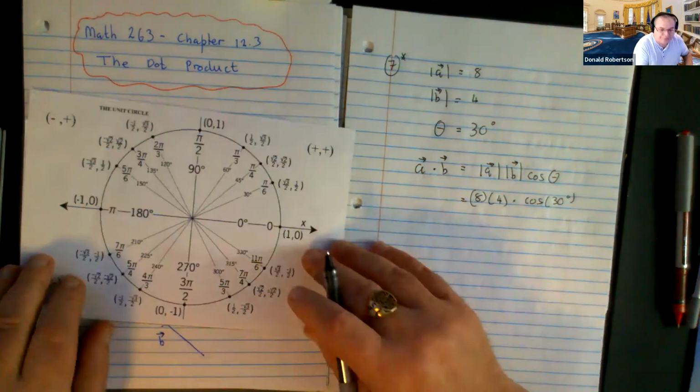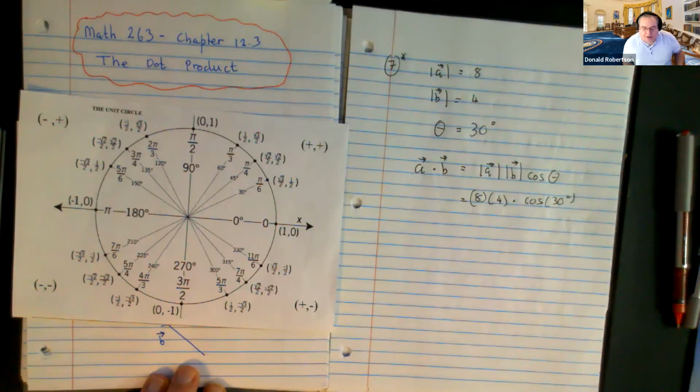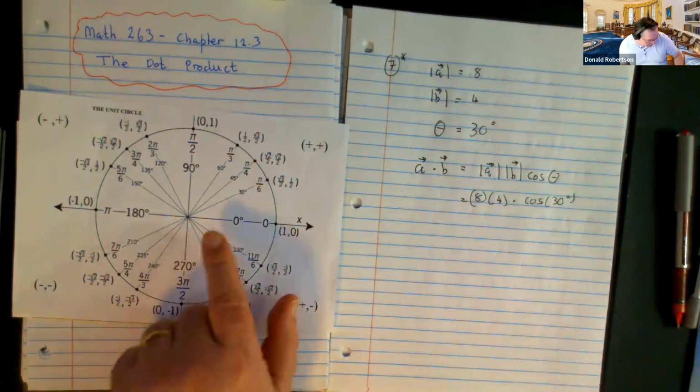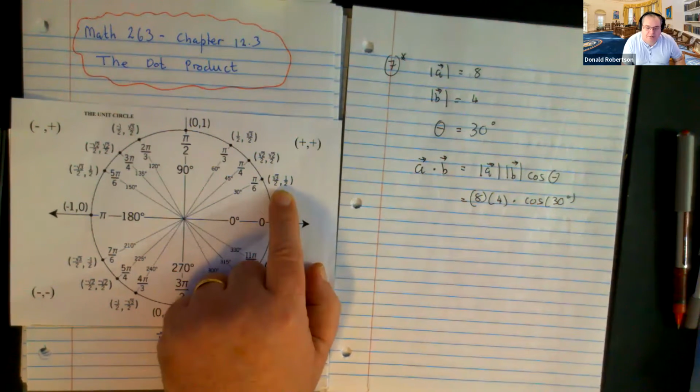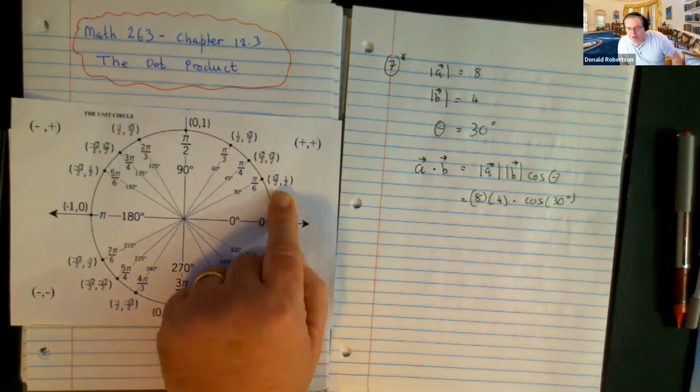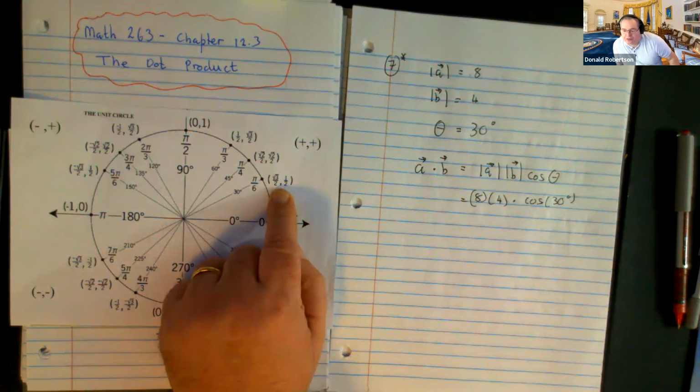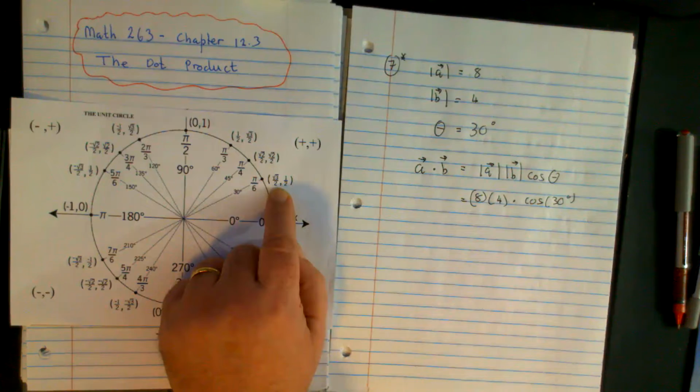And I've got a little guy over here. There we go, our unit circle. If you find 30 degrees, you get this coordinate here, what I'm pointing at. All you need to do is remember, is the cosine the x coordinate of this unit circle, or is the cosine of 30 degrees the y coordinate of this guy? X coordinate. Yeah.